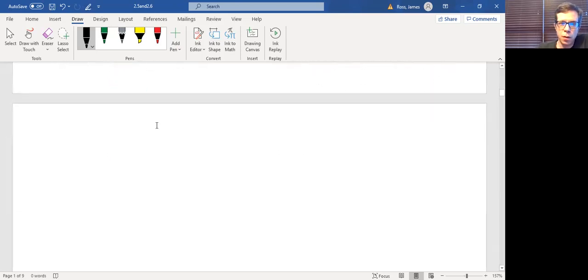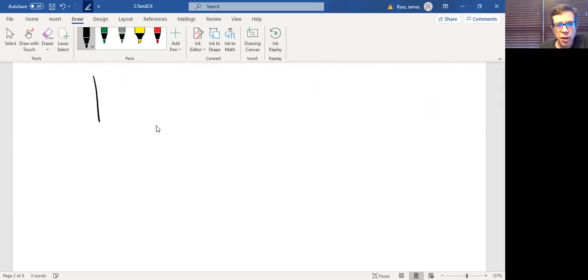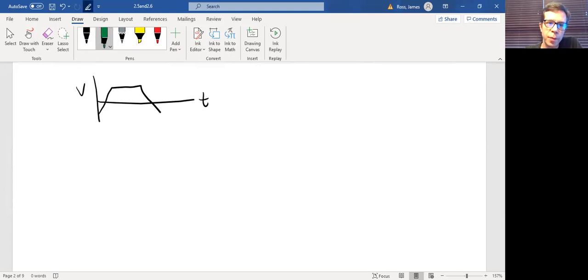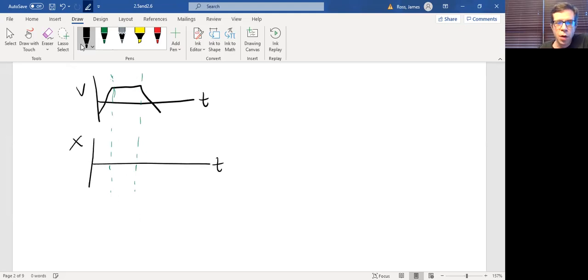And let me resketch my v since I'm moving down to a new page here. And I want those to be correlated too. So what does an x versus t look like for this? I'm going to start again with an x naught here so that I have plenty of room to draw.